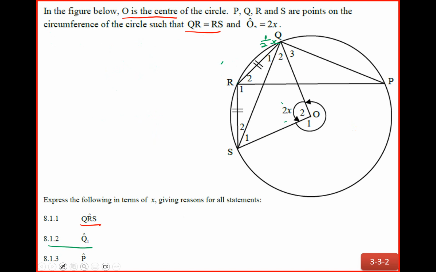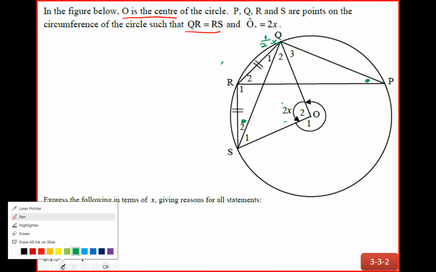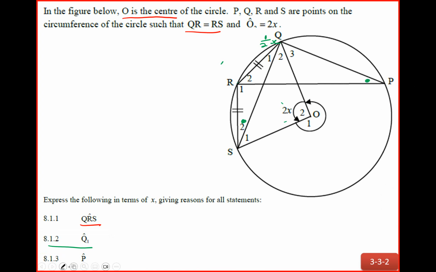Okay, we go to our last question, 8.1.3, which wants us to find angle P. I'm going to put a dot there on that angle P. So remember that angle P, if we look at it, is equal to S2. And if you cannot see it, I'm going to quickly show you why.